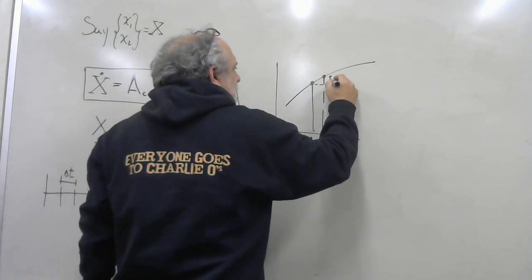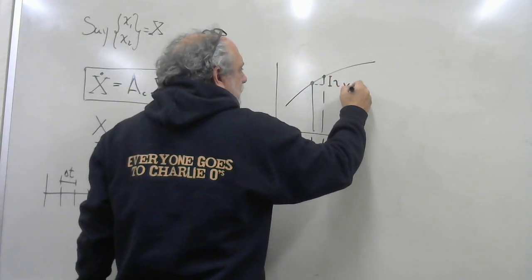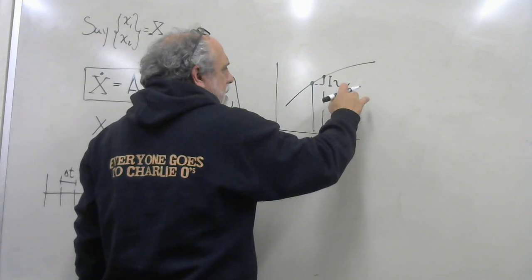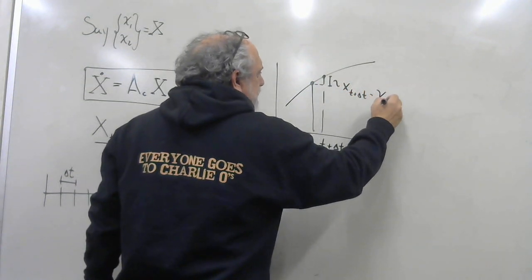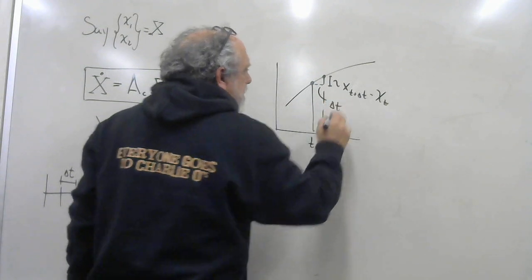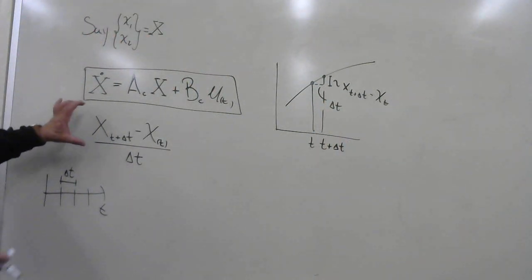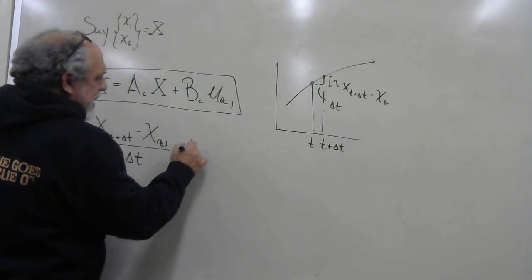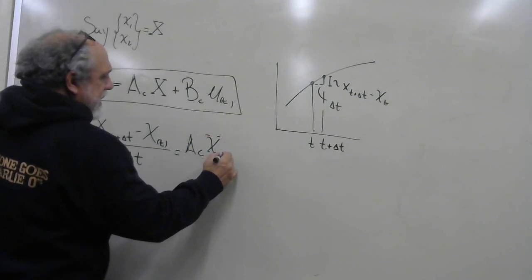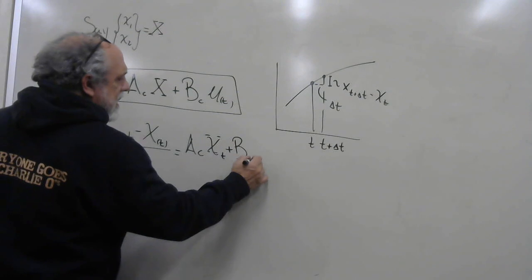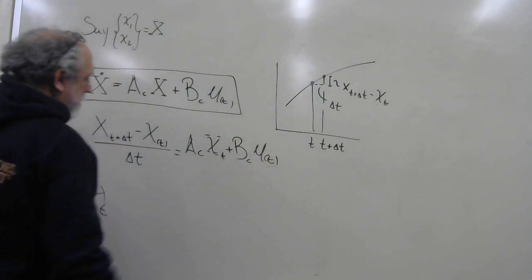How much this changed is x at t plus delta t minus x at t, and this right here is delta t. So that's that, and then I can write AC times x at t plus BC u at t, right?